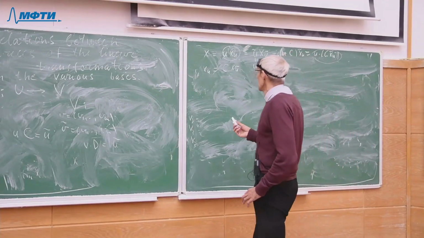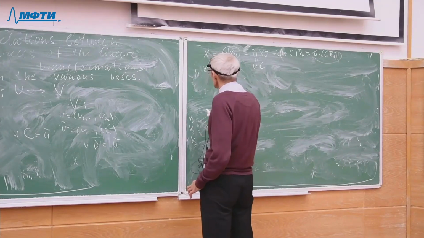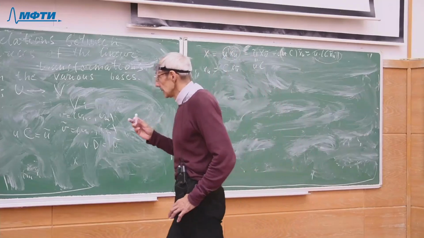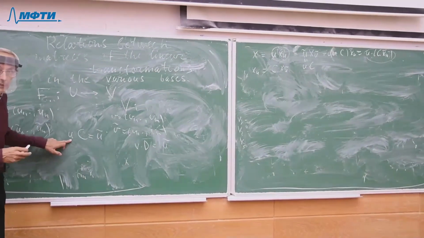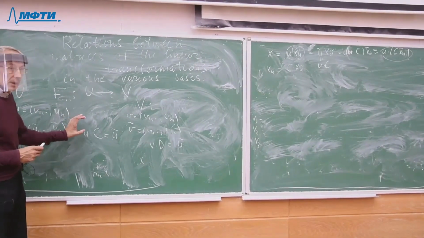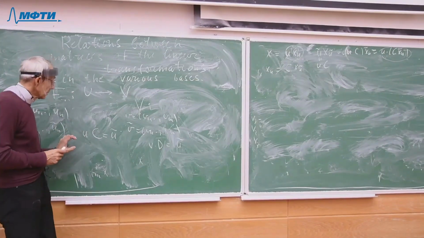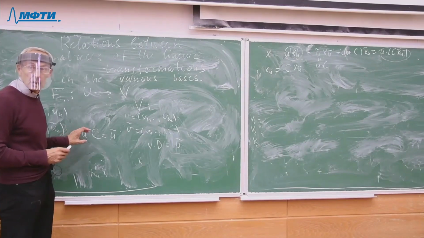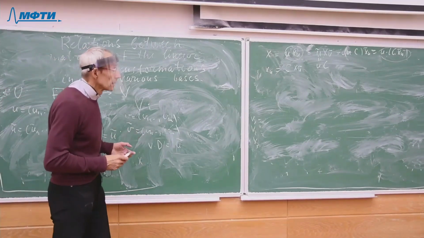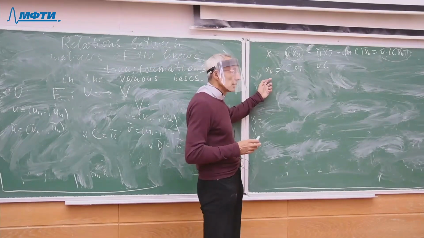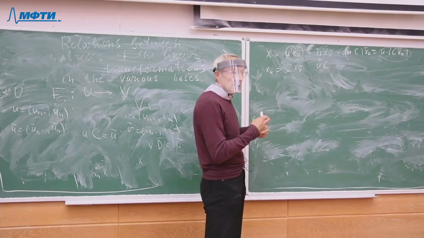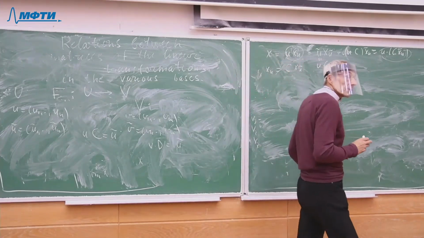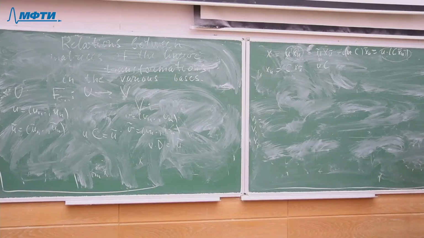The same way we obtain... yes? Yeah, U is the matrix row, exactly. And I multiply this matrix row by this matrix by the row-column rule. We considered this relation in the last semester, and I briefly recall this notation.